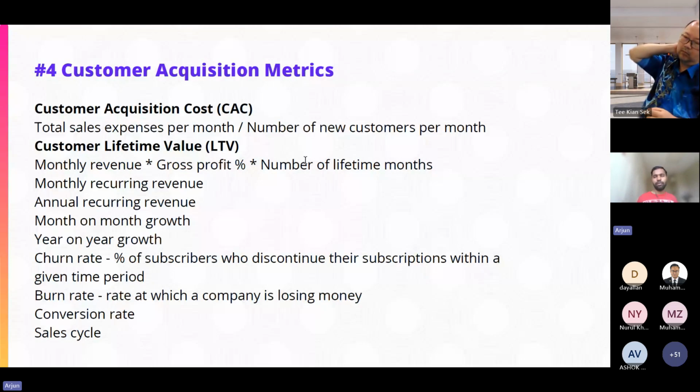So if you make a financial model, if you take an Excel sheet and put in all of the cash, how much money is coming into your company, how much money is going out of your company, you will know what your burn rate is. So the companies will look at these metrics on a month-on-month basis, year-on-year basis, and then they will take some action to keep the company on track.